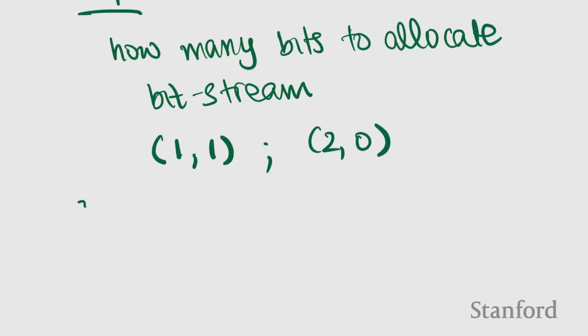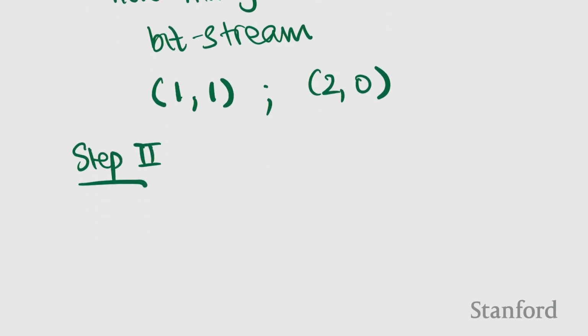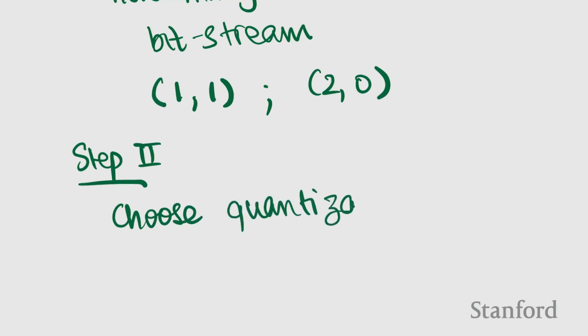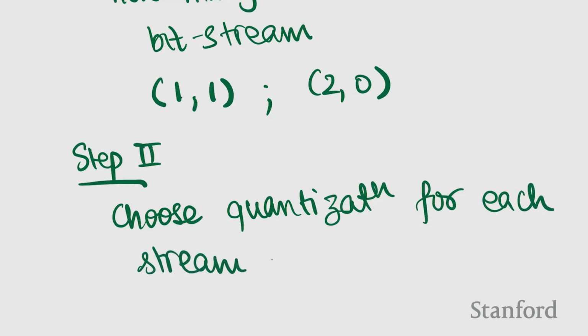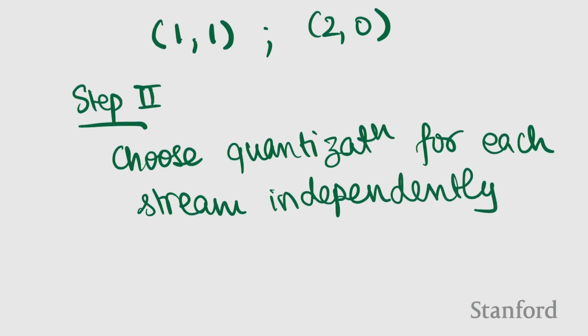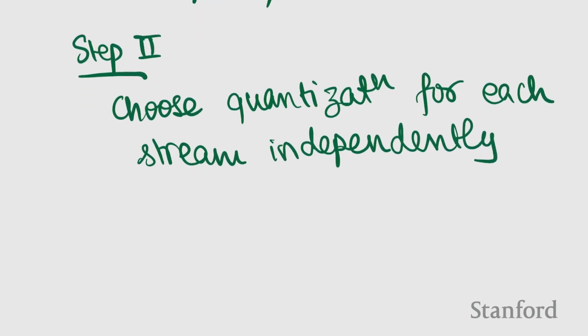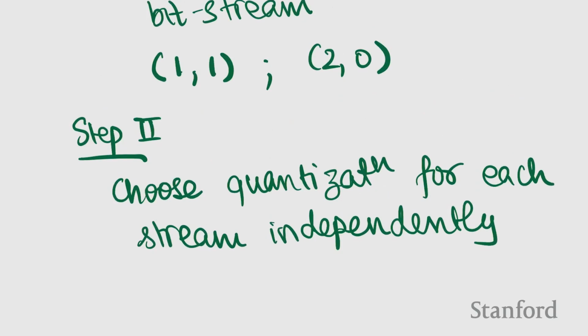And then my step 2 is, after I decide this, I can choose quantization for each stream independently. So let's say I decided with 1, 1.